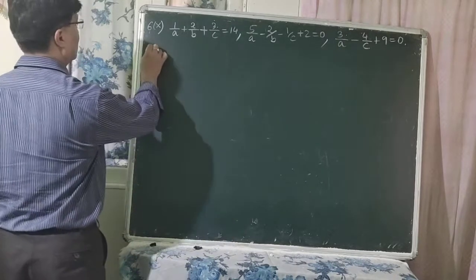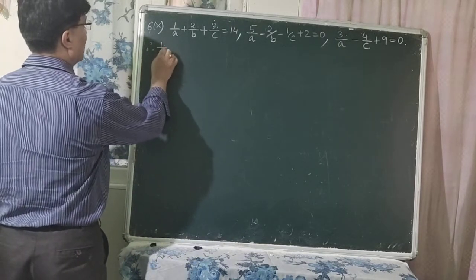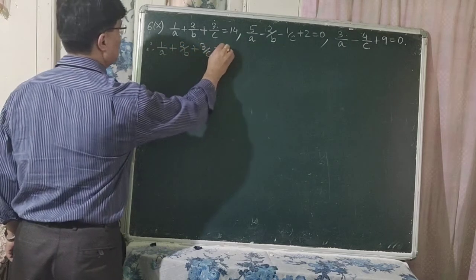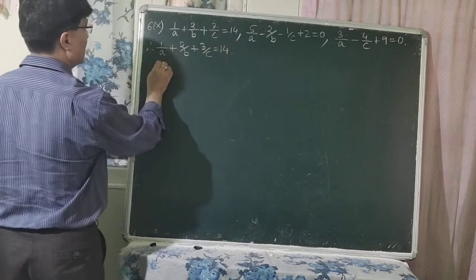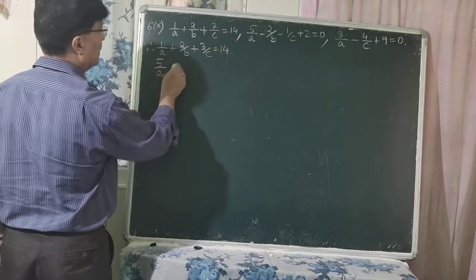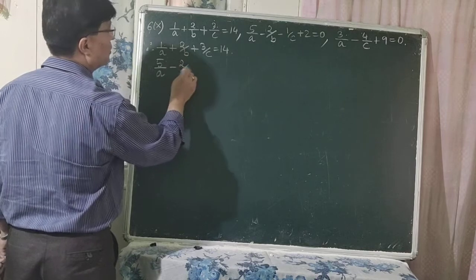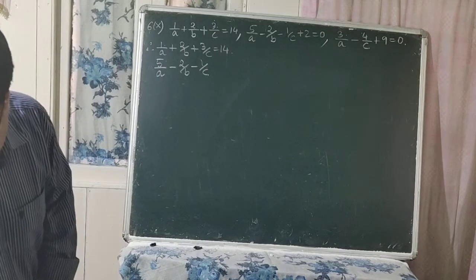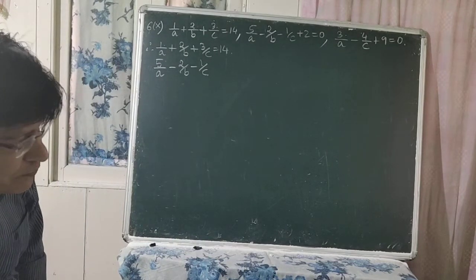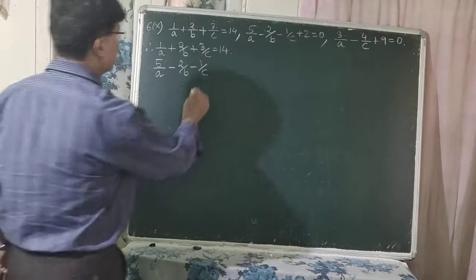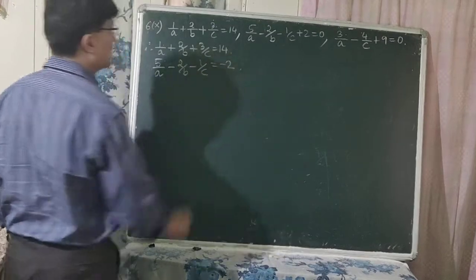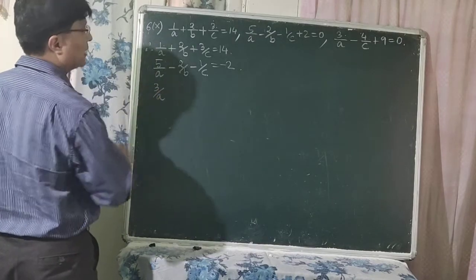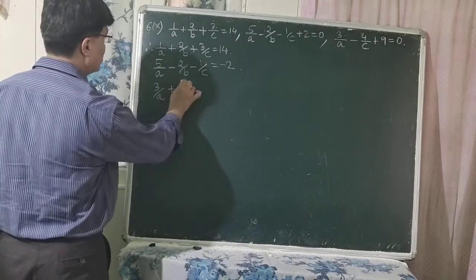So let us write it again. Therefore, 1 upon a plus 2 upon b plus 3 upon c is equal to 14. Next, 5 upon a minus 2 upon b minus 1 upon c is equal to minus 2. Now plus 2 is taken to the right hand side, it is minus 2. Then next one is 3 upon a, then write down plus 0 upon b.